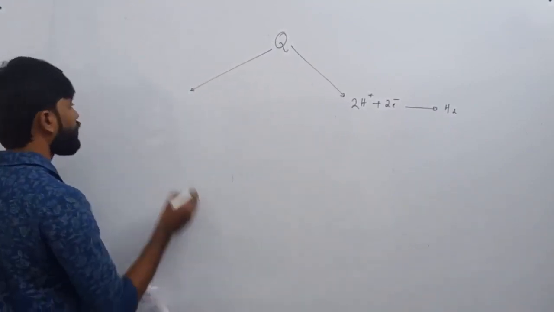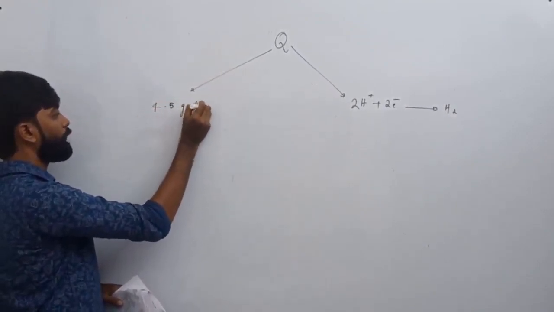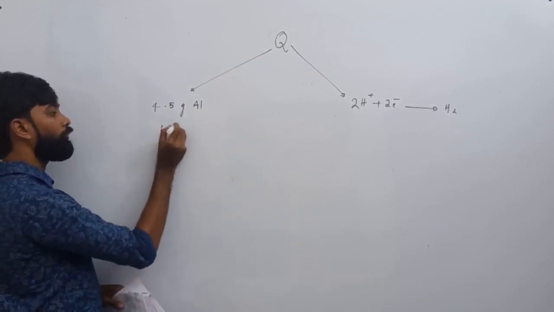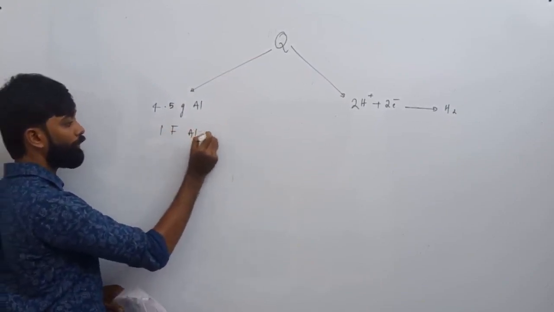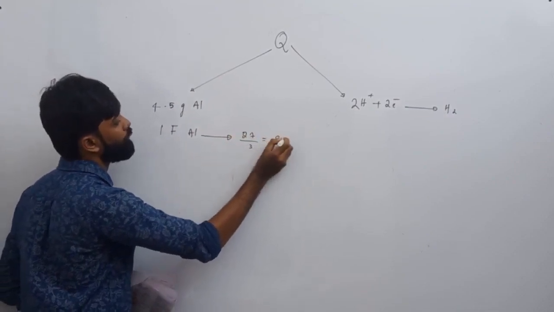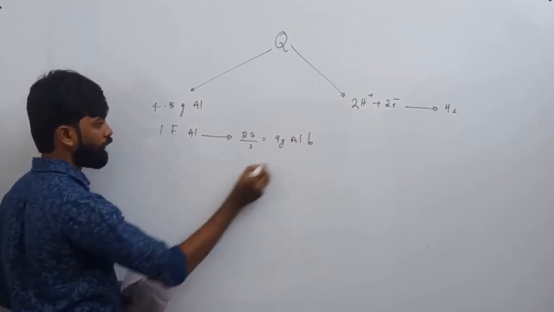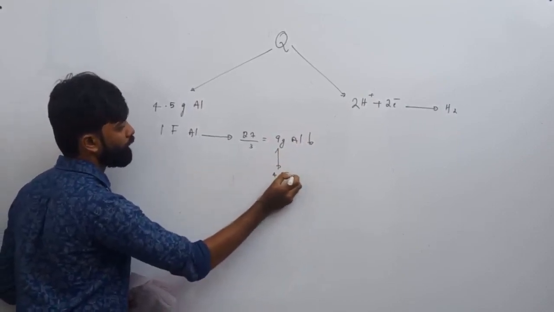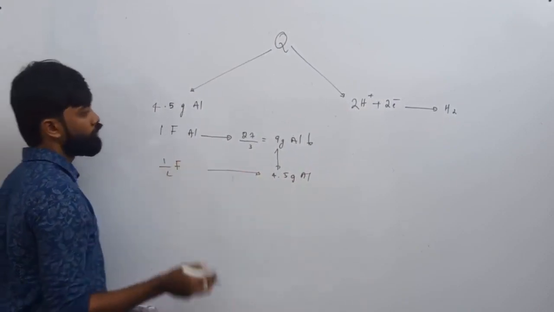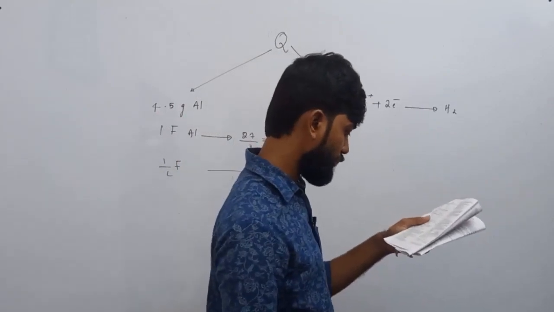Yes, so let's find what is that quantity of current. 4.5 gram of aluminum deposited means we know that 1 farad passed for aluminum, equivalent mass 27 divided by 3, which means 9 gram deposited. Okay, so to deposit 4.5 gram aluminum, you require half farad. So if half farad is passed, how much hydrogen is liberated at STP?